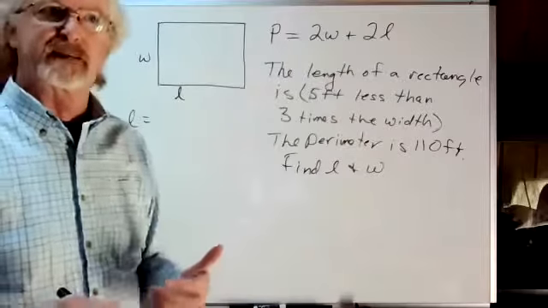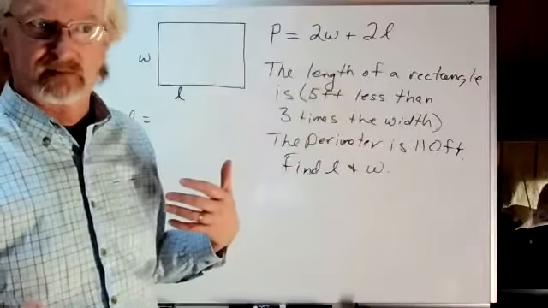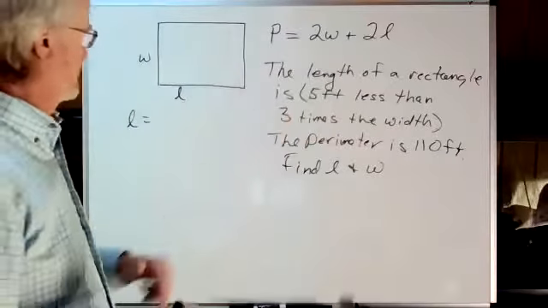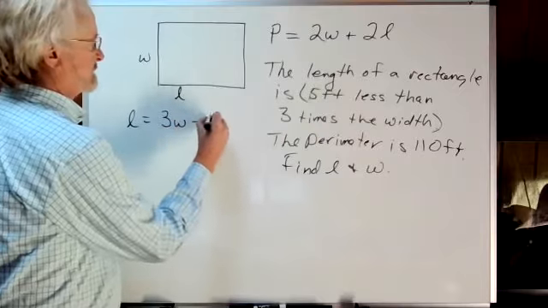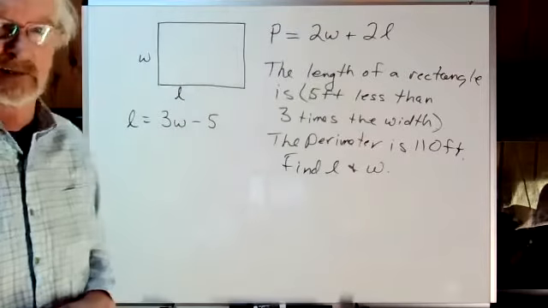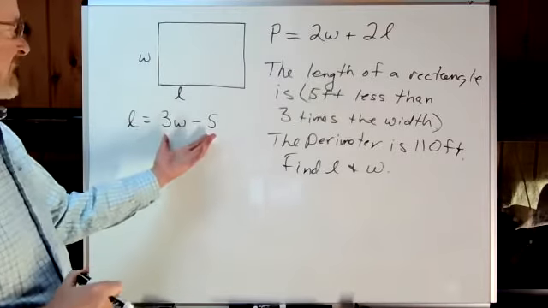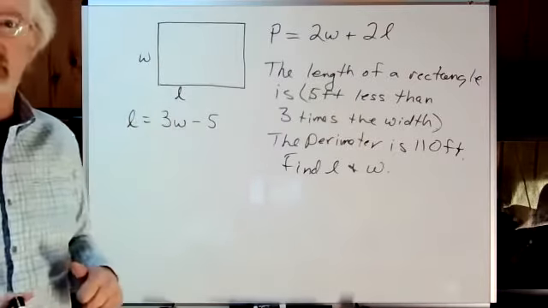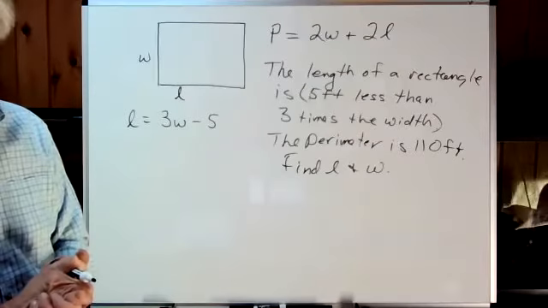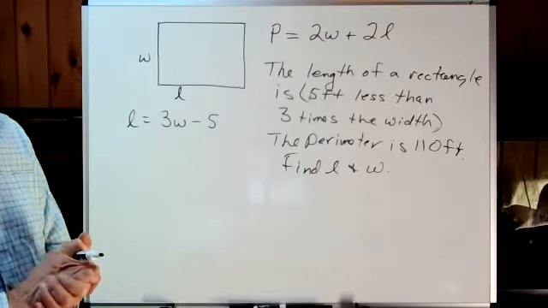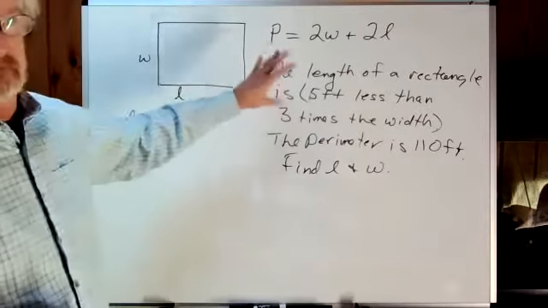So careful with less than, you really are subtracting the 5 from something else, right? 3 times the width and 5 feet less. This is what we're trying to get you to come up with. So the length can be described as 3 times the width minus 5. That's the piece we need to put this problem together now. If that clicks, that makes sense.